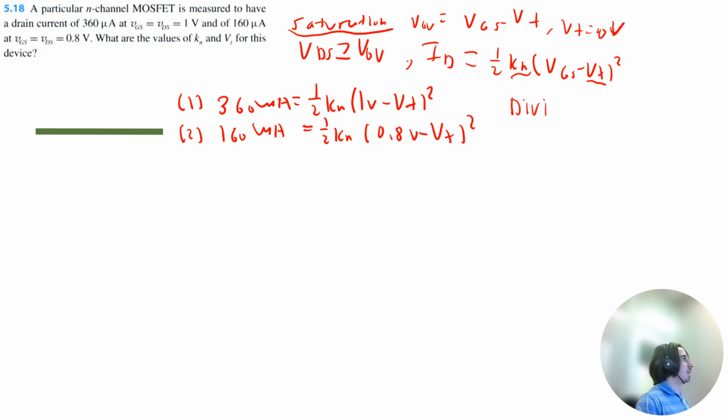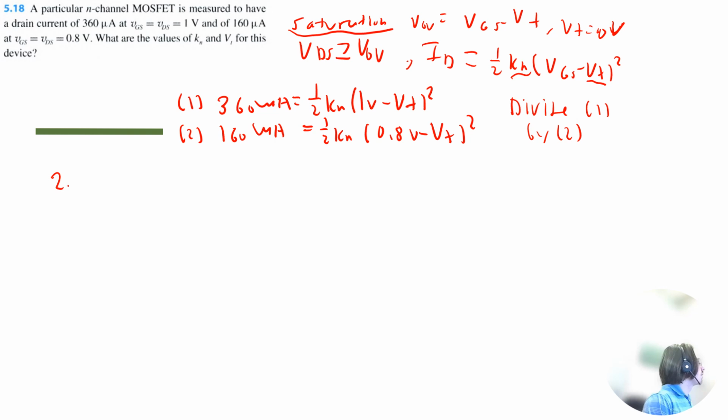I'm going to divide equation 1 by equation 2. So we'll get 360 divided by 160 on the left side, so we get 2.25. The 1/2 Kn is just going to divide by 1/2 Kn, so that'll cancel.